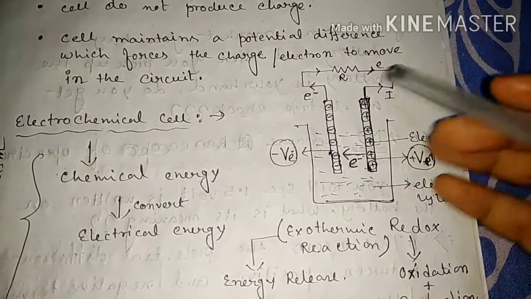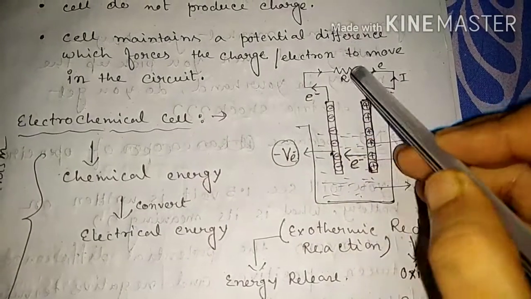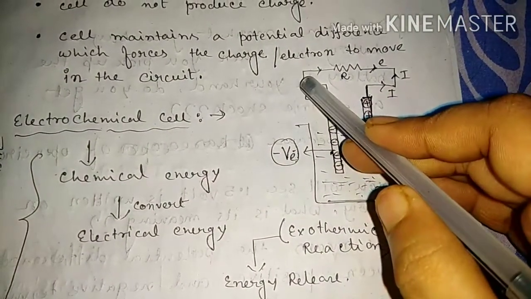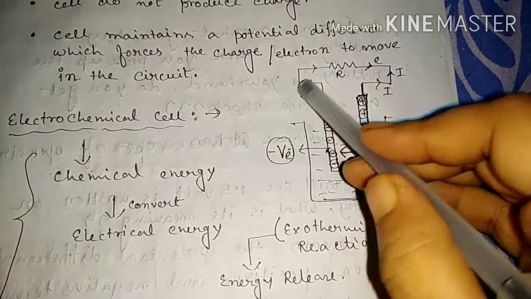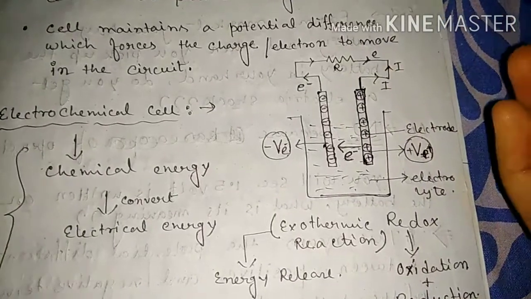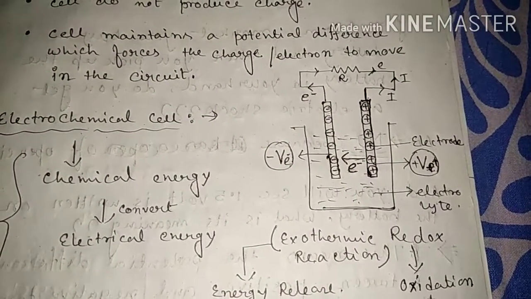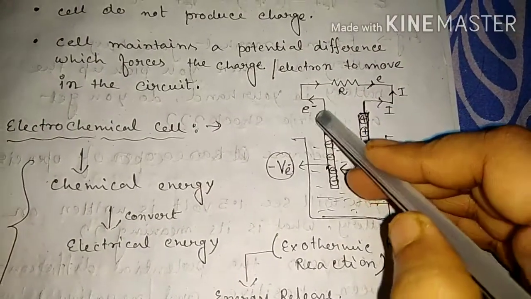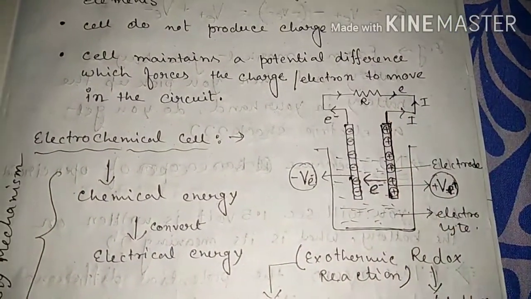So this is the direction of electrons, and we can say that current will flow from positive to negative, but electrons will flow from this side to this side. That's why, as we know, the direction of current is opposite to the direction of electrons. So this is the direction of current and this is the direction of electrons.